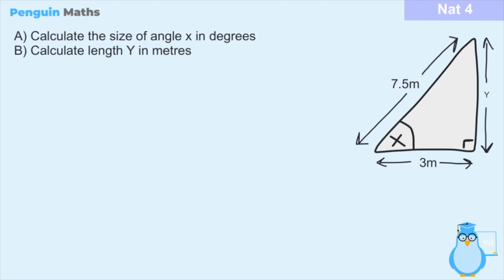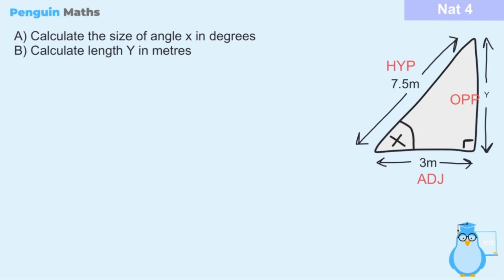It begins the same as always. First we label the sides of the right angled triangle. So here we have a hypotenuse of 7.5 metres and an adjacent of 3 metres, and because these are the two known lengths, we can say that the ratio we have to use is the cosine, the CA, because here we have the adjacent and the hypotenuse values.